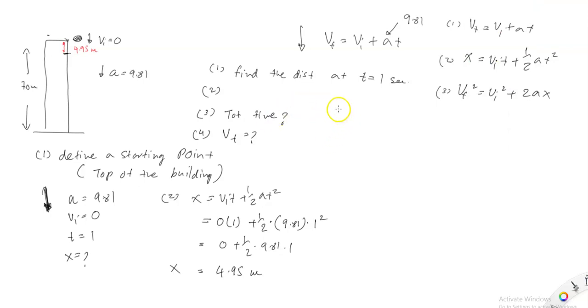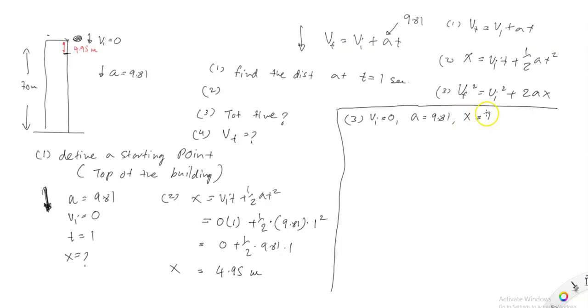So I'm gonna make some space here. Alright, total time. So let's see things we have in hand. V initial 0, acceleration 9.81. Total time means that it has to fall a total distance of 70 meters, right?